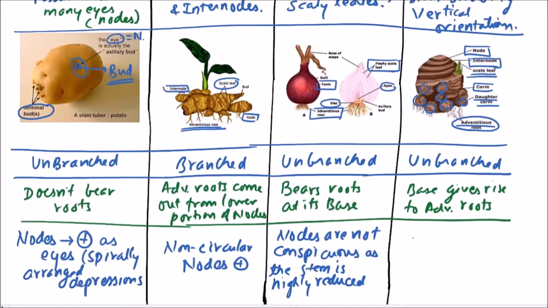And in the last case, it's very important that circular nodes are present. We can observe that these are circular nodes.